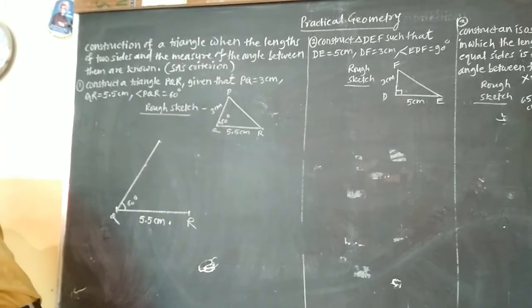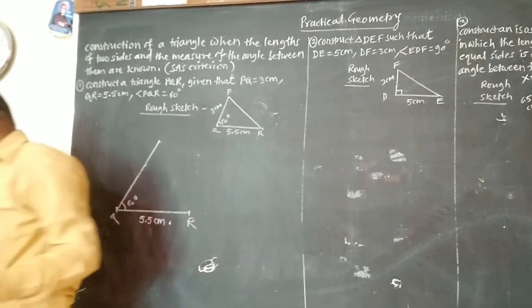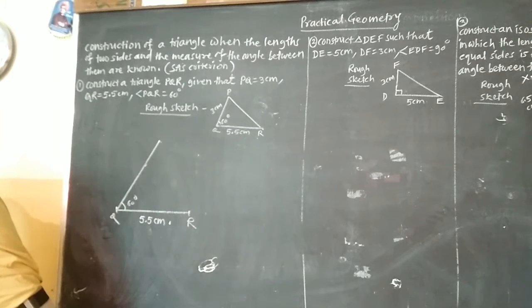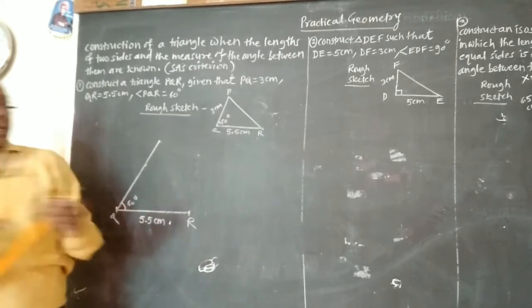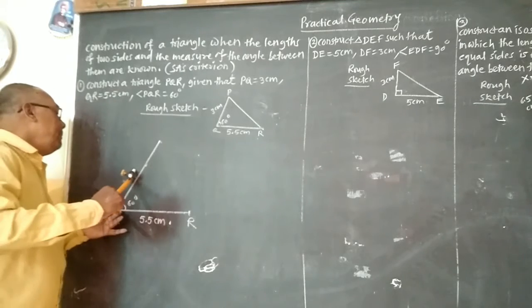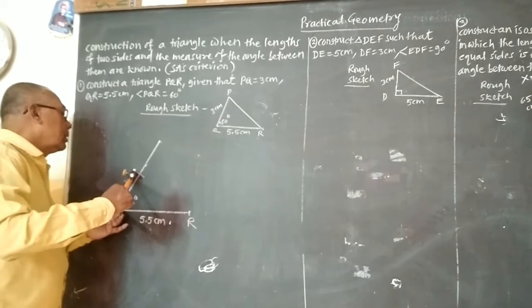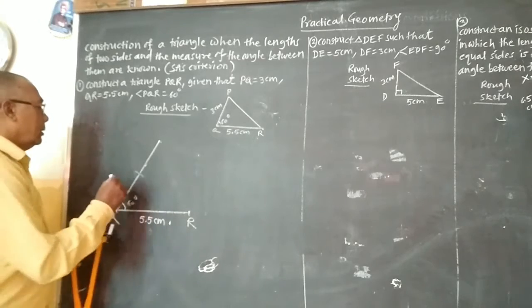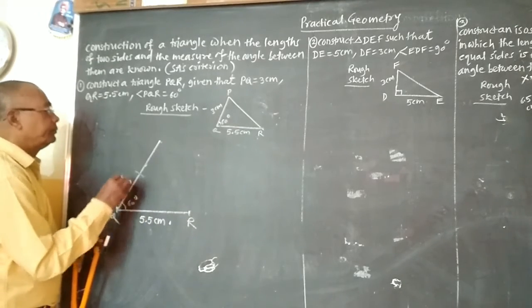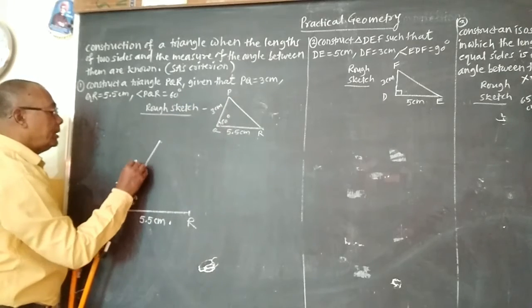So this is the 3 cm. So 3 cm I have taken. Put the metallic point on Q and make a mark at 3 cm, and the point is P.